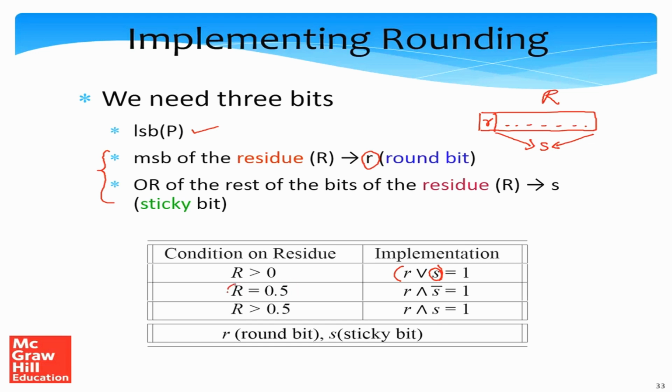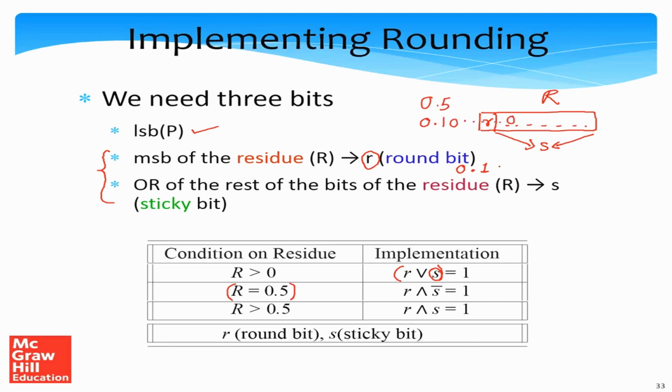Now let's consider the case where the residue is equal to 0.5. Here the round bit is 1, because the residue is less than 1, so we have a 0 point before it, which is implicit. What is the representation of 0.5 in binary? It is 0.10000.